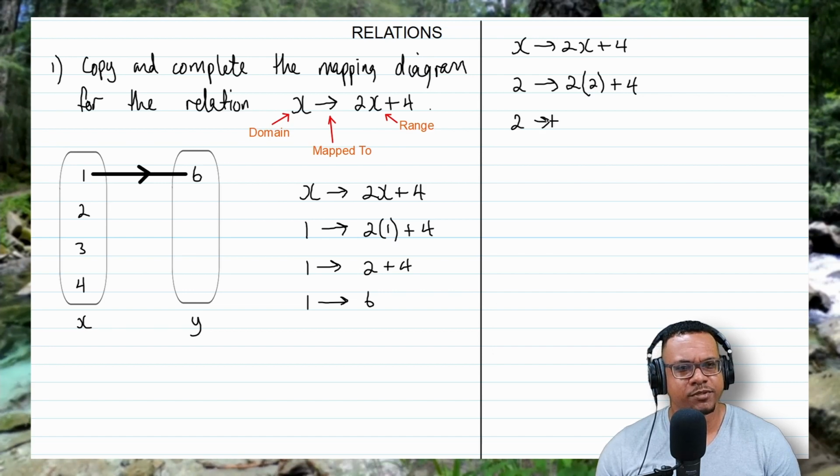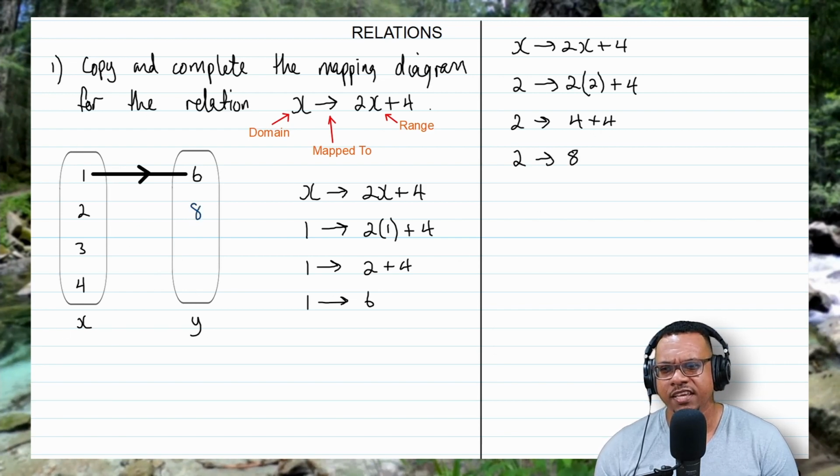So we have 2 is mapped to 2 times 2 is 4, plus 4. So 2 is mapped to 4 plus 4 is 8. So now we'll come here and put 8, and we put this arrow going from 2 to 8. So now on our mapping diagram, 2 is mapped to 8. And here in our working, we see that 2 is mapped to 8.